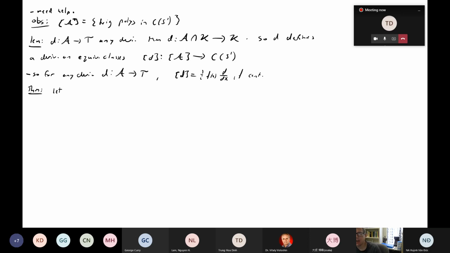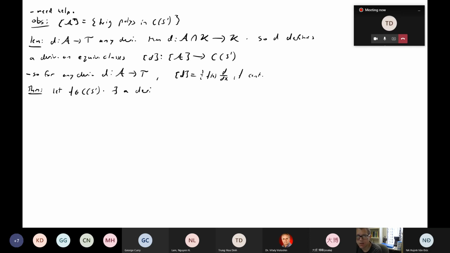Actually, I should clarify what I'm going to say. This tells you that it's on classes, but actually you can say more. If you have a continuous function on the circle, it's not even just that if I have a derivation, I can create a class. It actually goes the other way around.